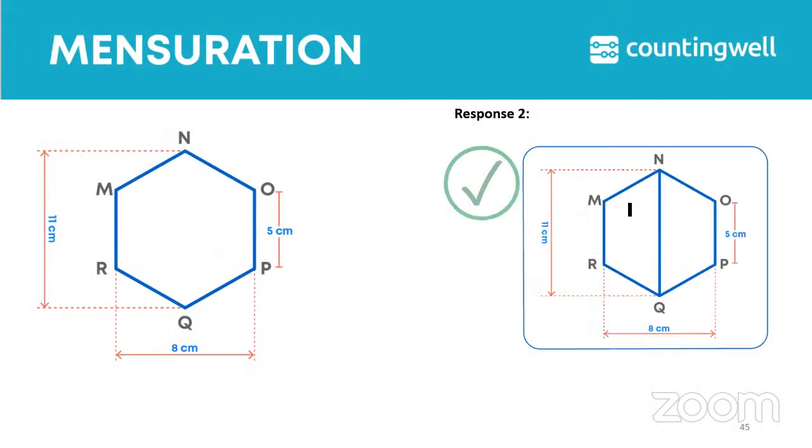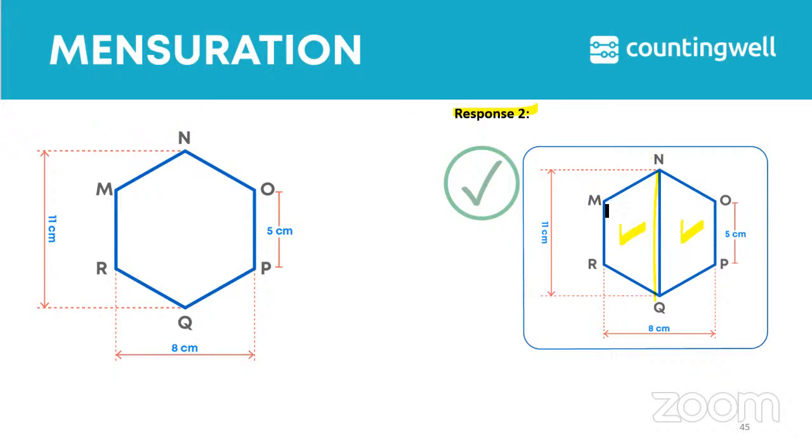But in response 2, given by a child, you can see the child has divided the hexagon into two parts, and these two parts are trapeziums. So what are the parallel sides of the trapezium?